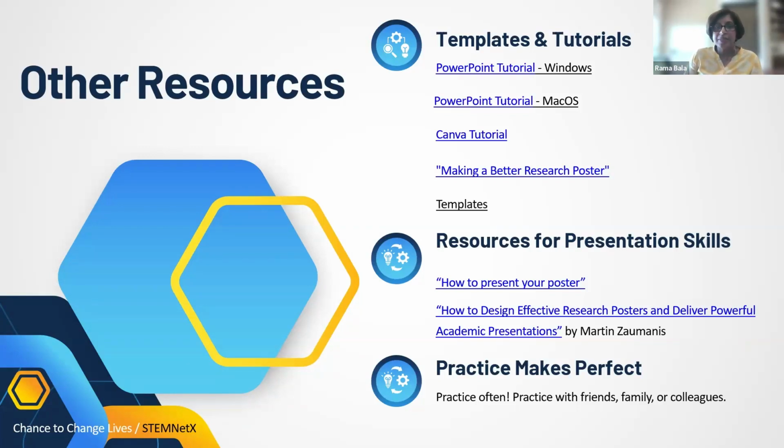The links to templates are also available for creating posters without having to reinvent the wheel. Some literature on presentation skills is also available for you. If you click on those links, you can go to the appropriate websites or videos that help you create impactful posters.